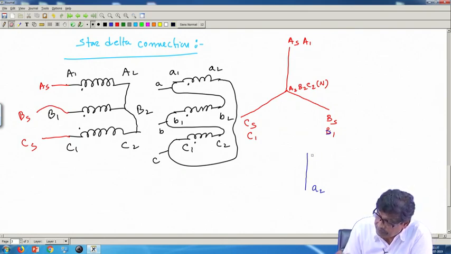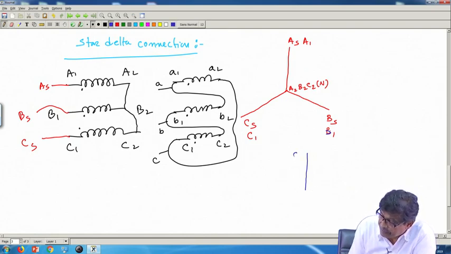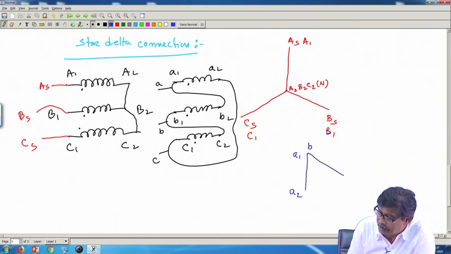I will first write this A1 A2 here, this side A1 A2, fine with this. Then B1 B2 I will draw like this. With a little practice, you will become conversant with this. This is the thing, A1 B2 I have joined.